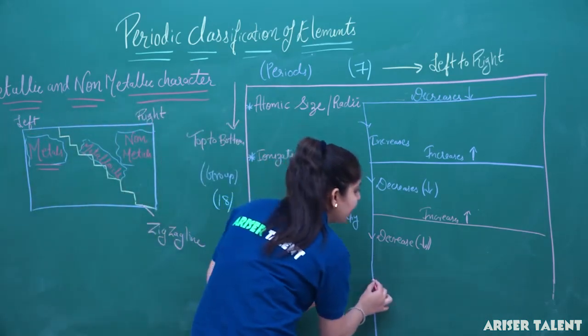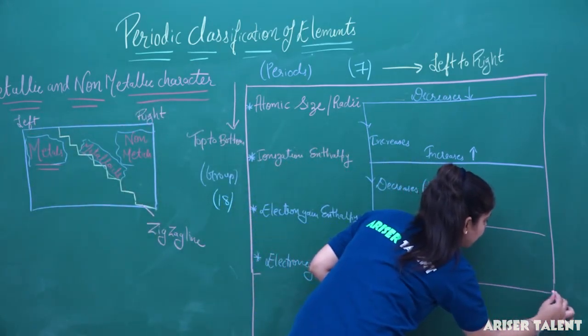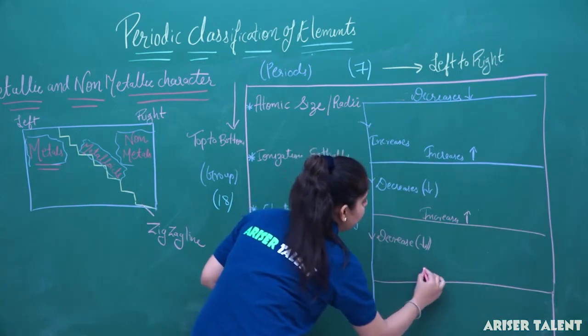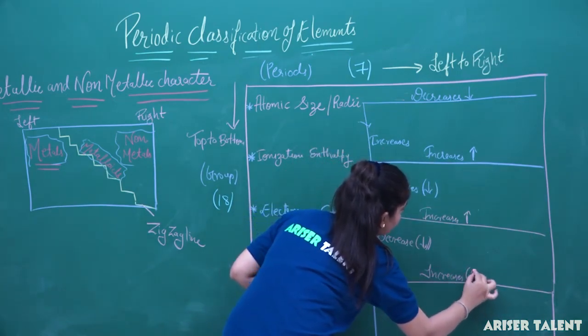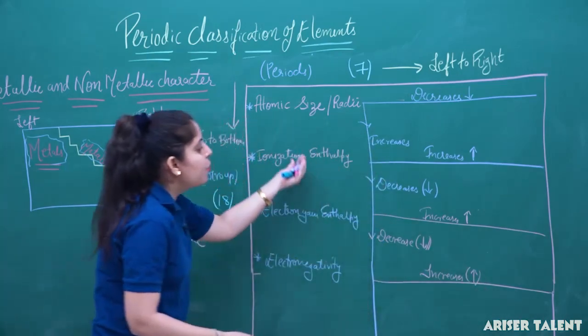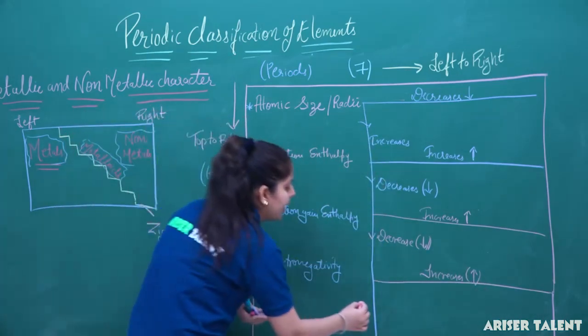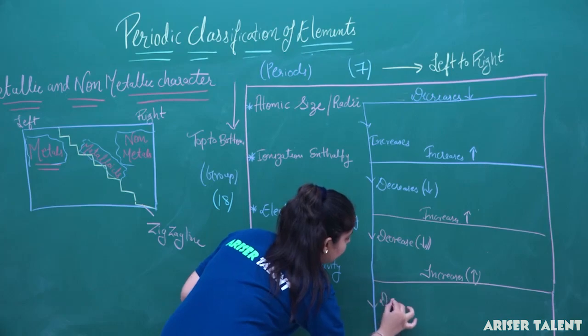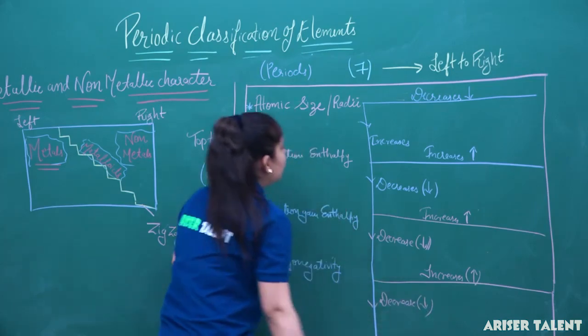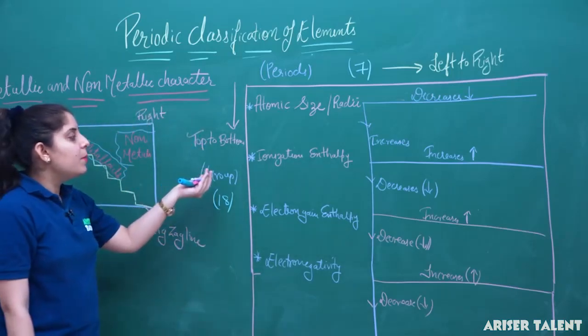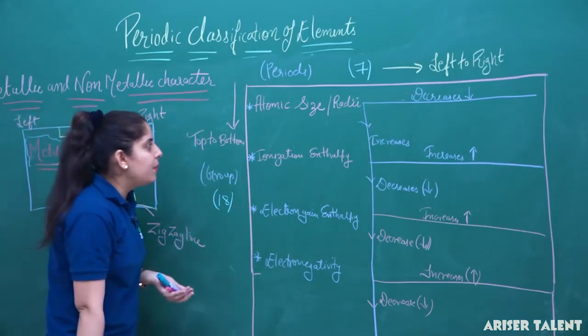Again, electronegativity is going to increase from left to right. It will increase from left to right. And if I am going from top to bottom, electronegativity will decrease.